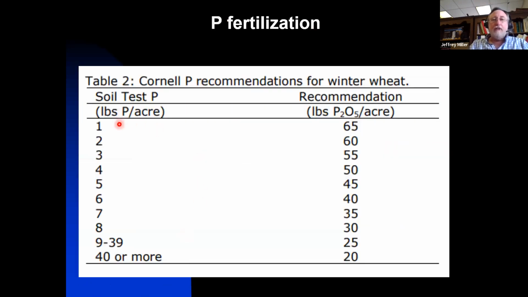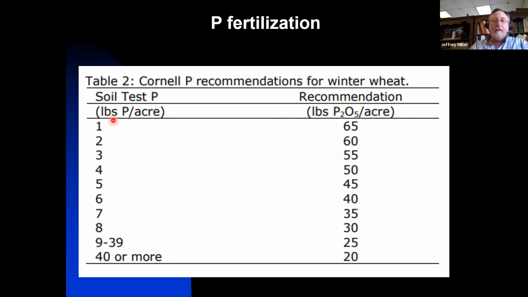So just taking that chart in a different way, if you got a really low soil test P, so 1 pound per acre, then you're recommended to apply 65 pounds of P2O5 per acre. One of the things that I read recently, that 1/10 of 1% of the phosphorus in the soil is available at any given time.